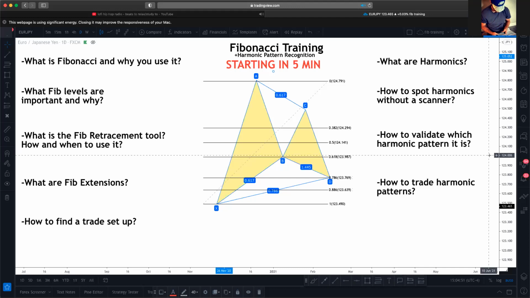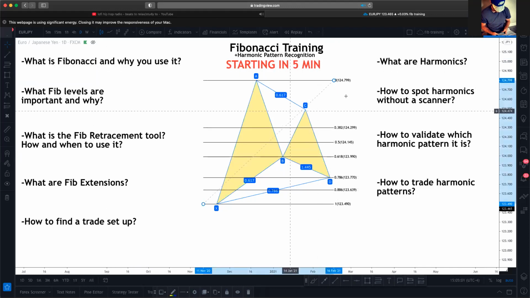All right, so first and foremost, first question: what is Fibonacci and why do we use it? Of course I'm going to go over the retracement tool, but what are these numbers over here?